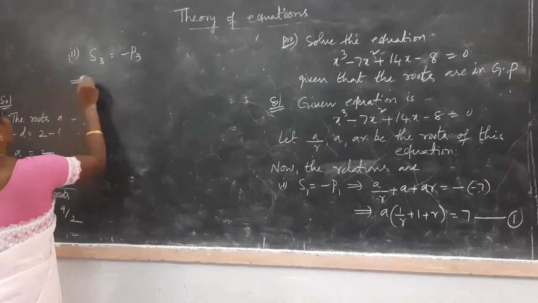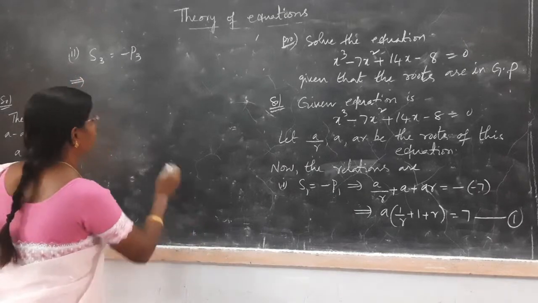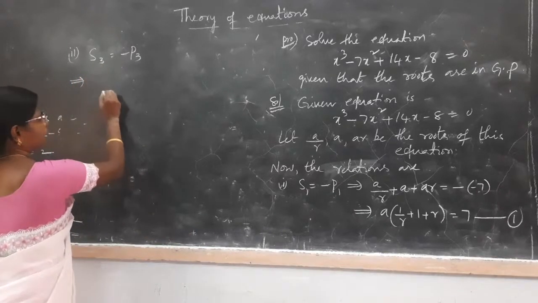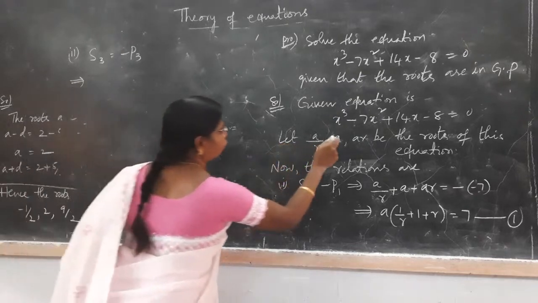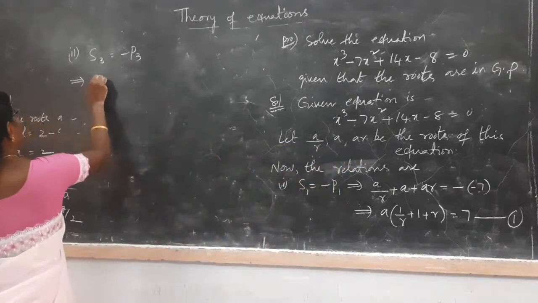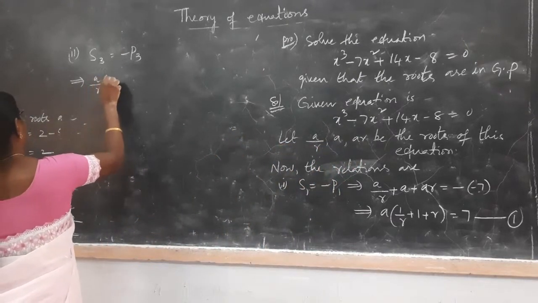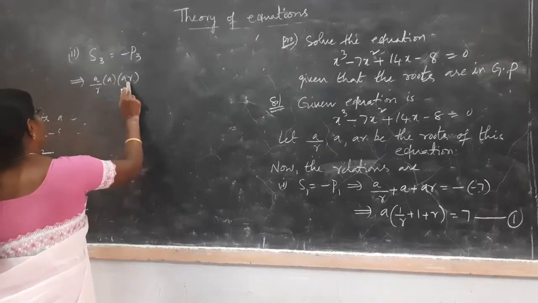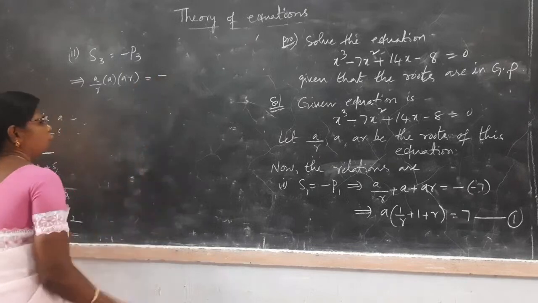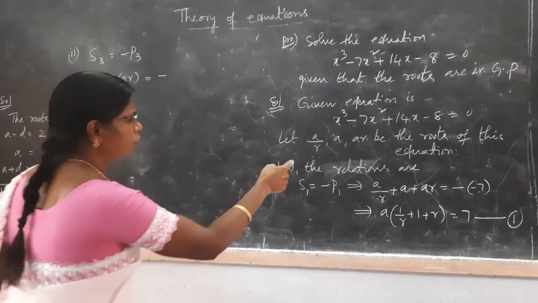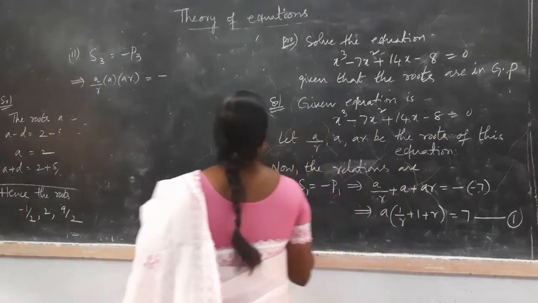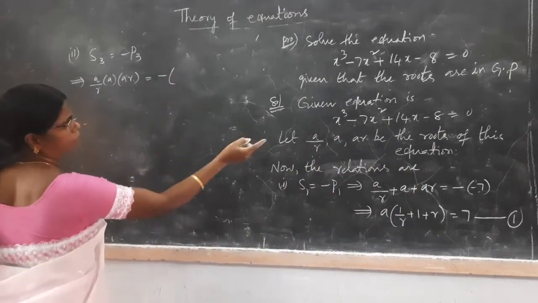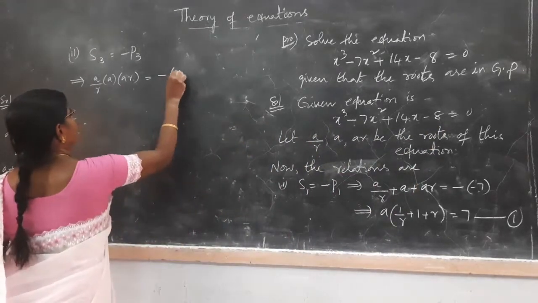Why did I take it? I will see here. So look, what is S3? Product alpha beta gamma, a by r, a, ar, is equal to minus p3, which is minus the constant term, no doubt.